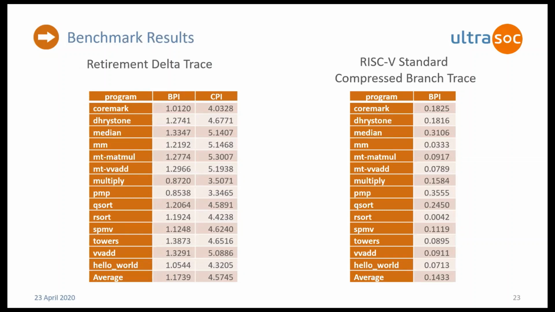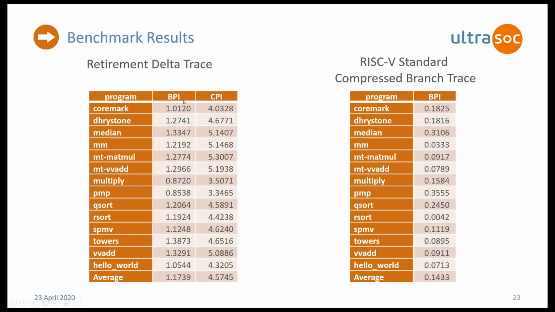It's not even apples to oranges comparison, but the retirement delta trace requires quite a bit more, as you can tell, quite a bit more trace bandwidth. But the numbers in here will really depend, again, on the stall behavior of the program.